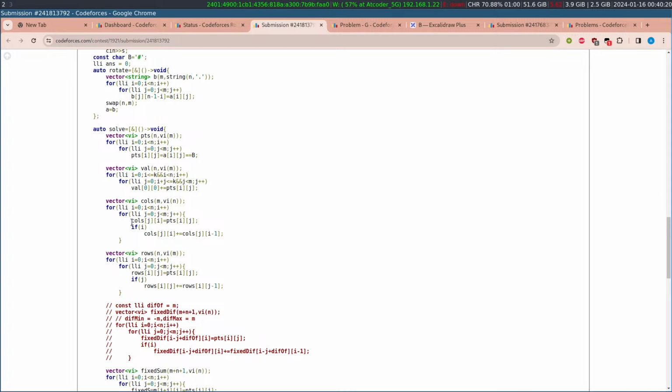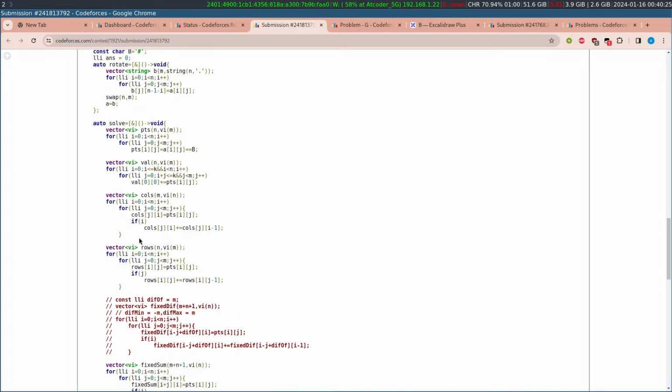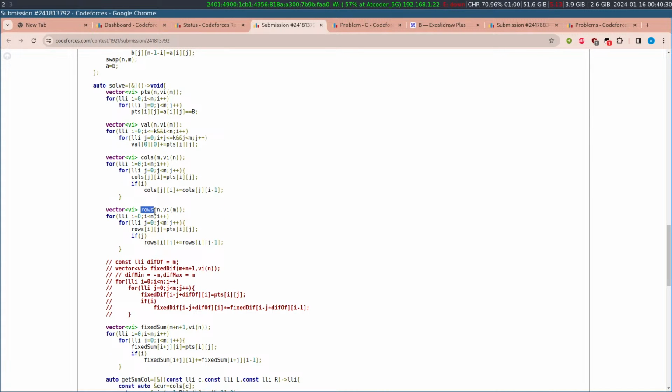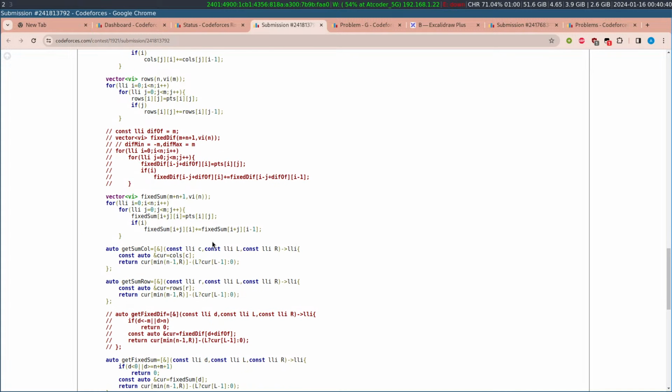It denotes the prefix sum of a column. So you take the first as the current value and you add the previous value if your i is greater than or equal to 0. Rows is my similar prefix sum for the rows, where the jth index in the ith row denotes the sum of the first j values in a row. Points, and if j is greater than 0, find all the sum.